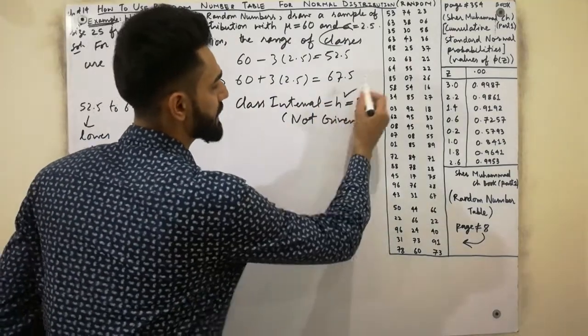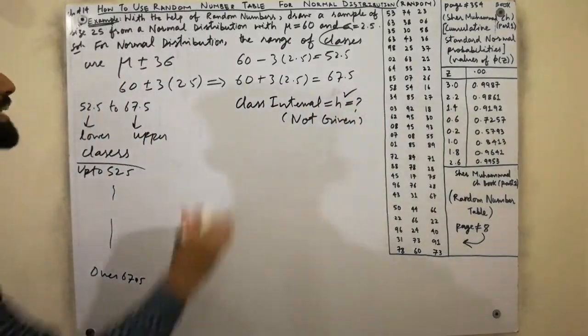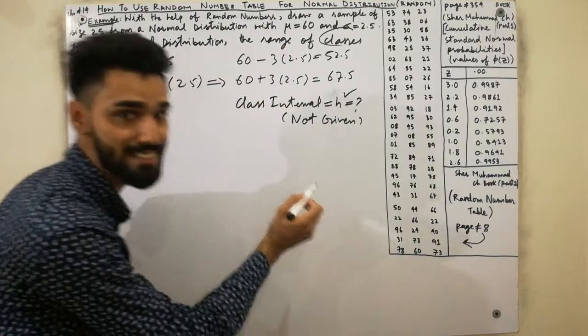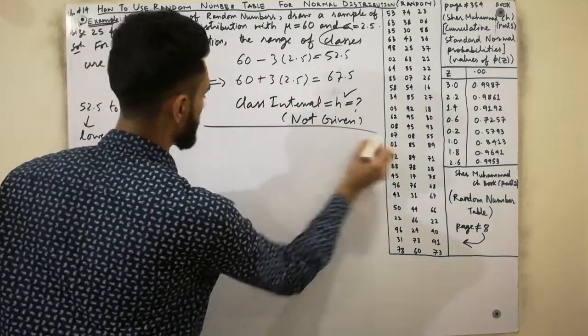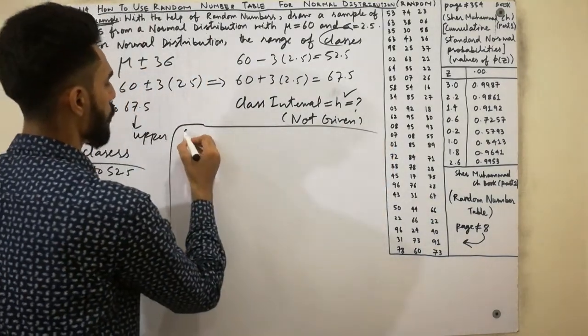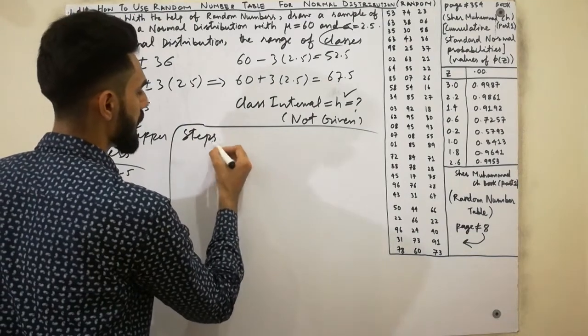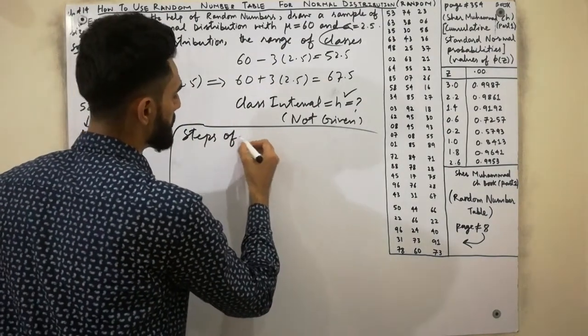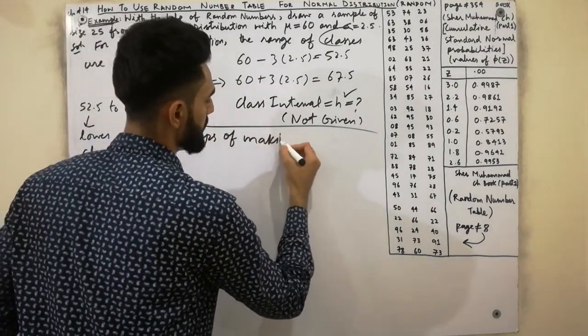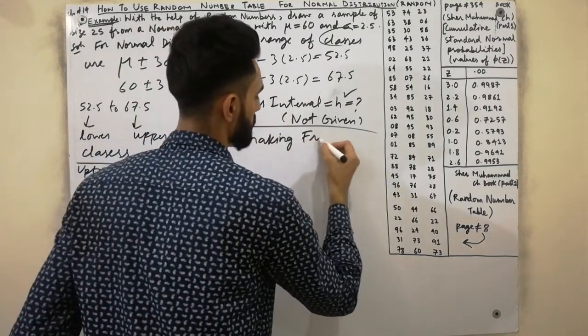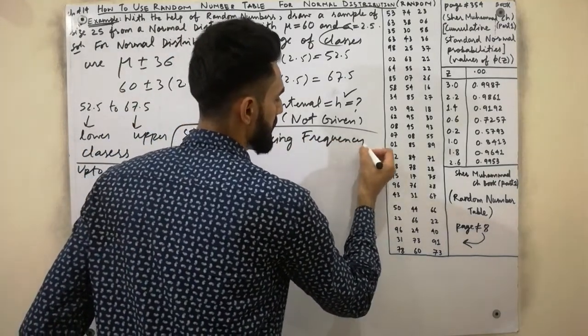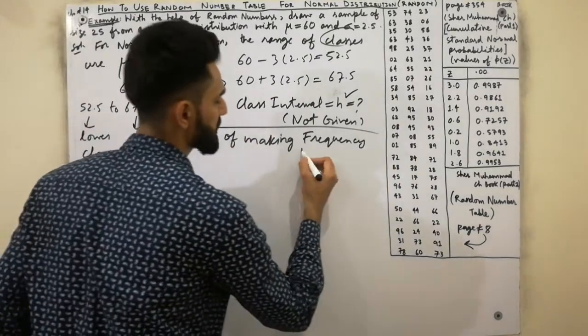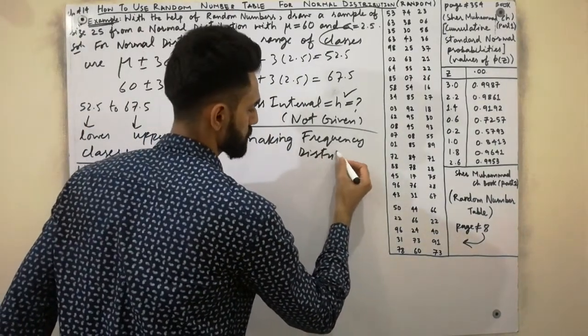We already know that when we calculate the class interval, we follow the steps of making a frequency distribution.